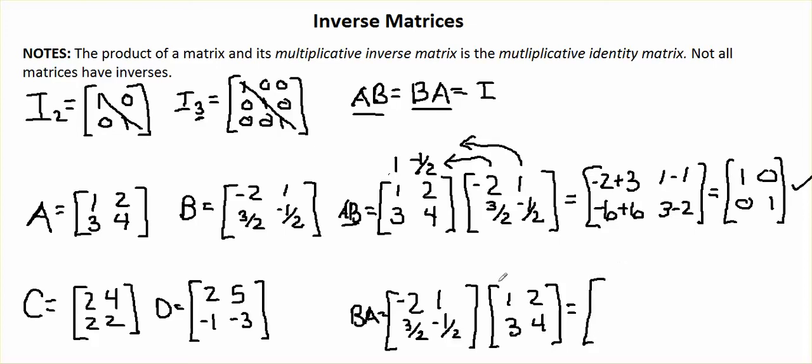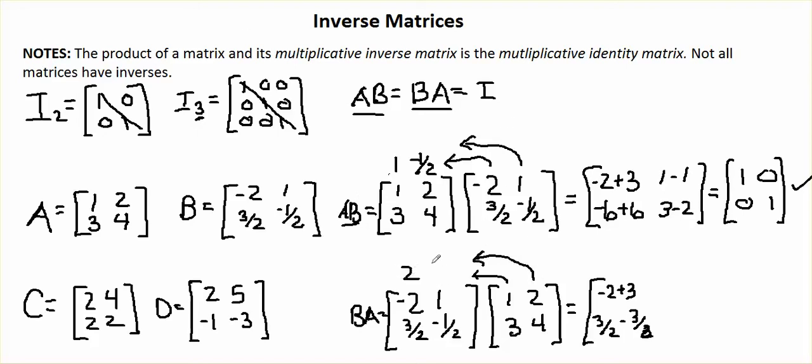So we'll need to bring this very first column out, 1 and 3. -2 and a +3. We get 1 times 3/2 is 3/2. 3 times -1/2 is -3/2. Oops, that's a 3/2. So let's go ahead and pull that second column out and do our multiplication.